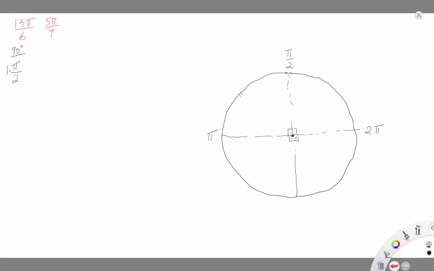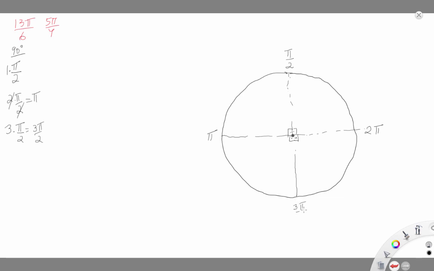If I go another 90 degrees, I have 2 times pi over 2. But guess what? If I cancel the 2's, this is really equal to pi, which I already wrote. Then I go another 90 degrees, and that becomes 3 times pi over 2. So this angle is really 3 pi over 2, over here.